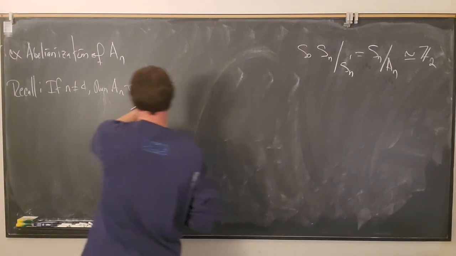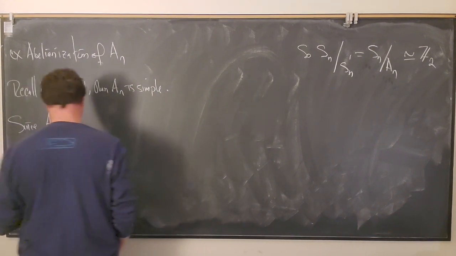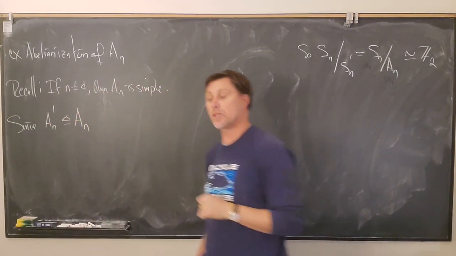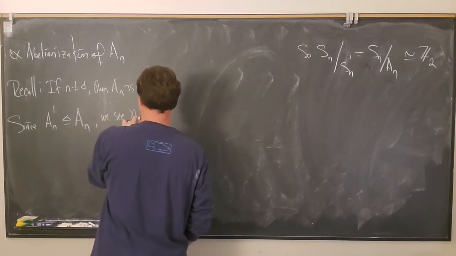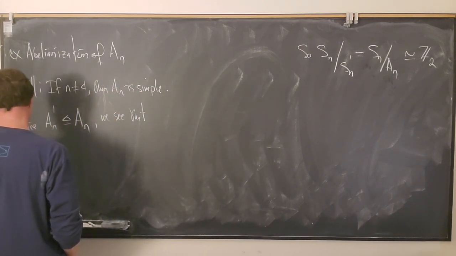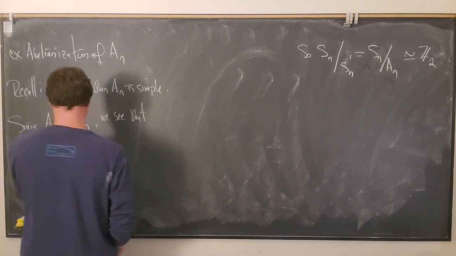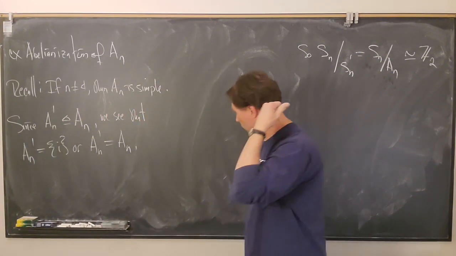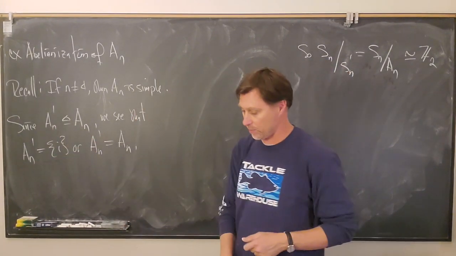Since An prime, the commutator subgroup, is always a normal subgroup, here we see that An prime has to equal the trivial subgroup, or An prime has to equal all of An. Those are our only two options because it's got to be a normal subgroup, which means it either has to be trivial or it has to be everybody.